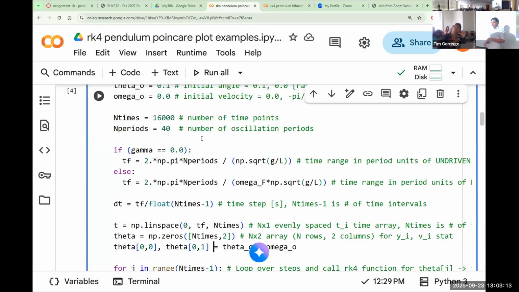Is it more intuitive if we just give whatever total time it takes, and then count how many ticks there are for a natural period? Yeah, that's a very good question. If I understand your question, it's why don't I just pick a time step, like say 100 microseconds, and then just pick out the points that correspond to one period.